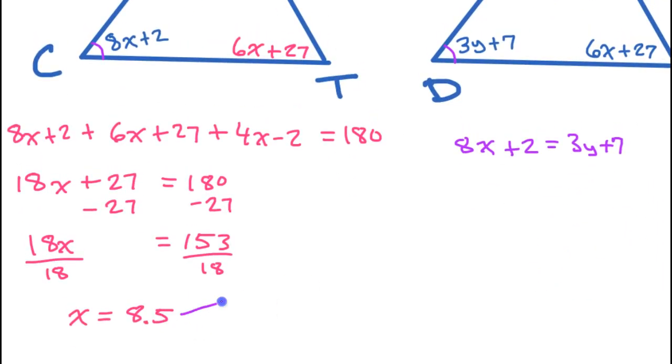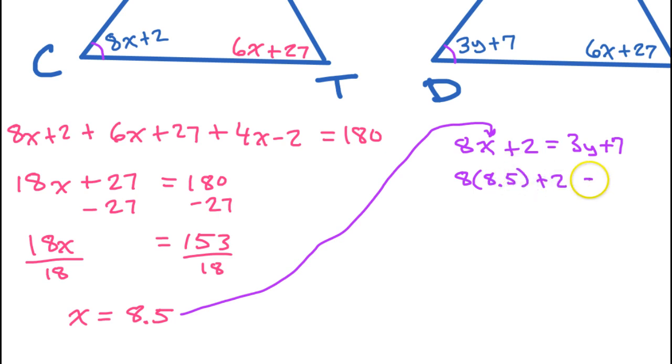Okay, but now I know that x is 8.5. So that means I have 8 times 8.5 plus 2 is equal to 3y plus 7. So in my calculator, I'm doing 8 times 8.5. That's 68. 68 plus 2 is 70.